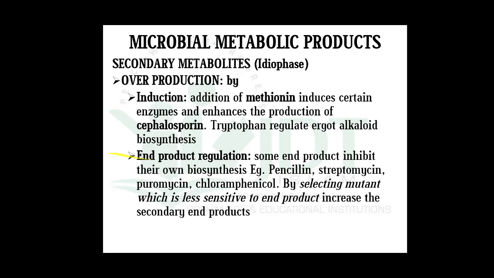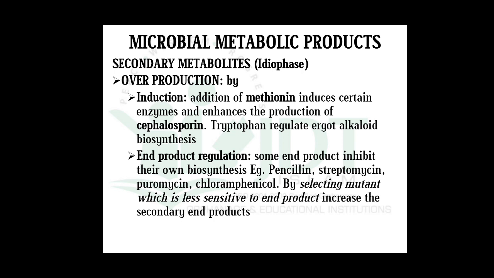It can be overproduced by induction: by adding methionine, we can induce a certain enzyme and enhance the production of cephalosporin. As well as tryptophan, which can regulate the ergot alkaloid biosynthesis.